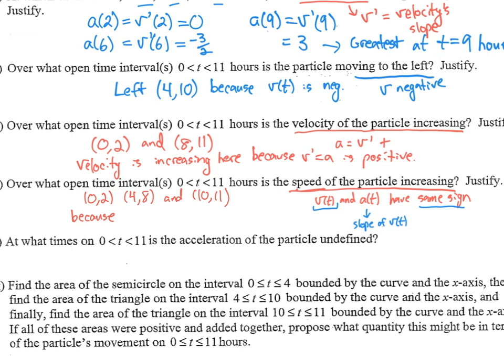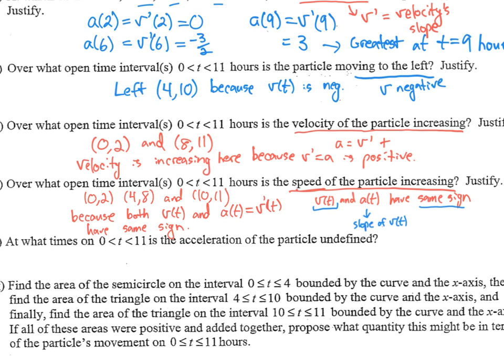And that's because both velocity and acceleration have the same sign, positive and positive, or negative and negative, remembering that acceleration is the slope of v of t, the slope of velocity.